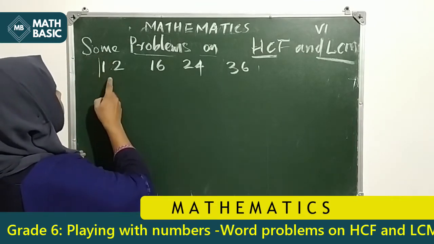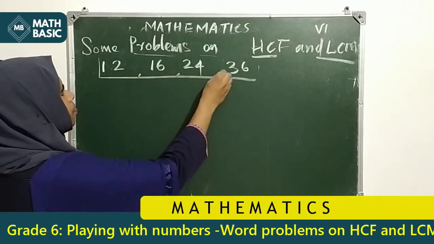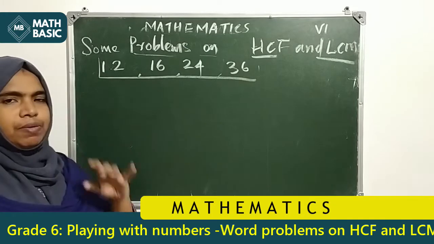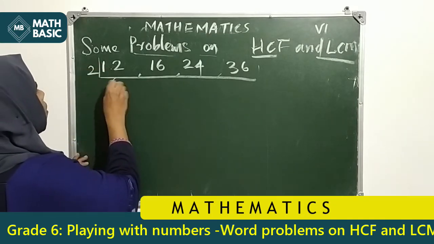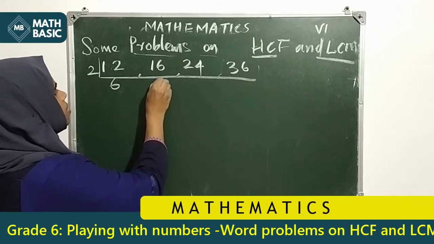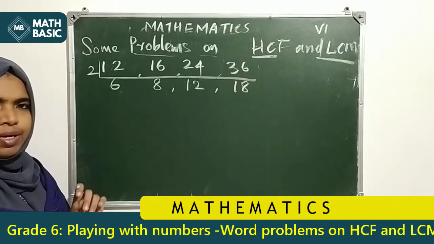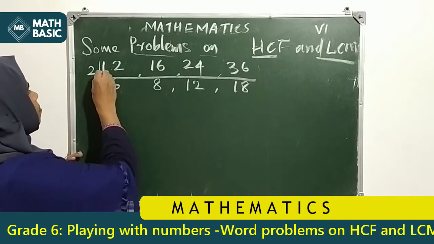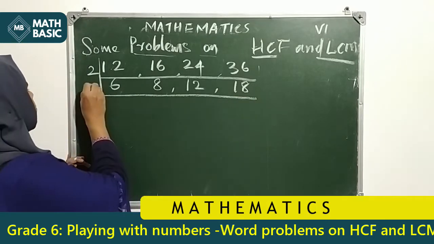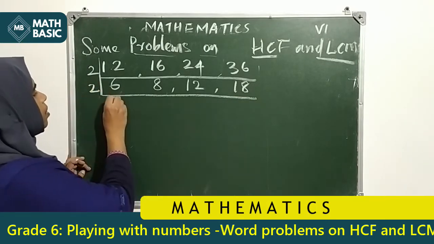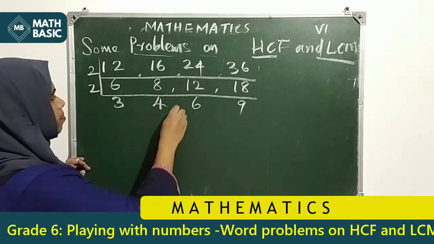Take these four numbers together. These four numbers are even numbers, so divide by 2: 6, 8, 12, 18. Here also even numbers, so by 2: 3, 4, 6 and 9.